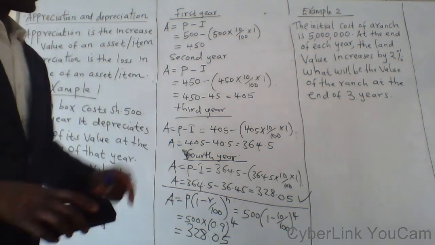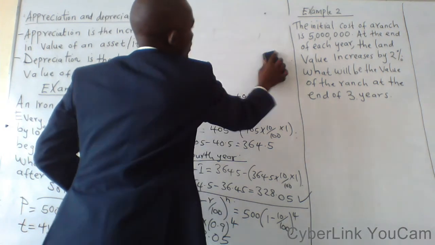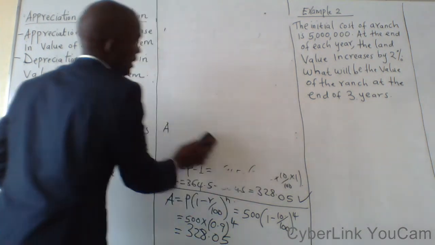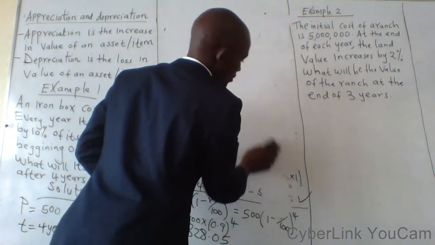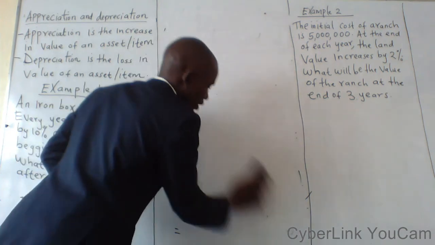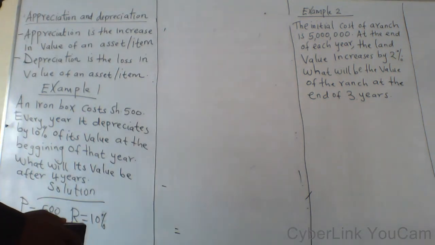So we move to the next example, which is: the initial cost of a ranch is 5 million. At the end of each year, the land value increases by 2%. What will be the value of the ranch at the end of 3 years?